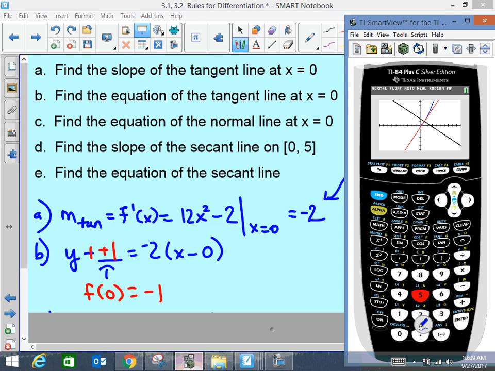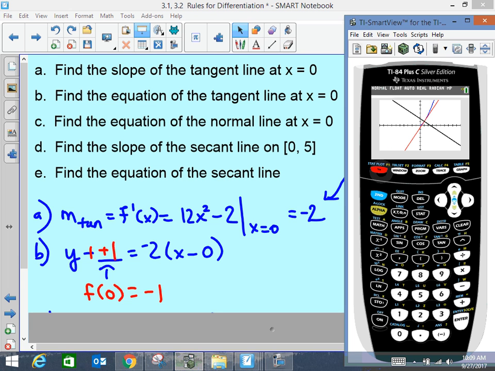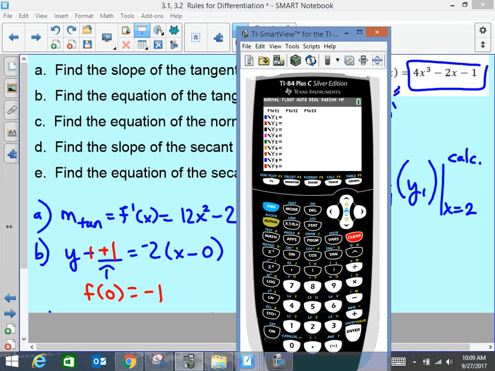So y1 is 4x to the third minus 2x minus 1. Okay, so now I got y3.